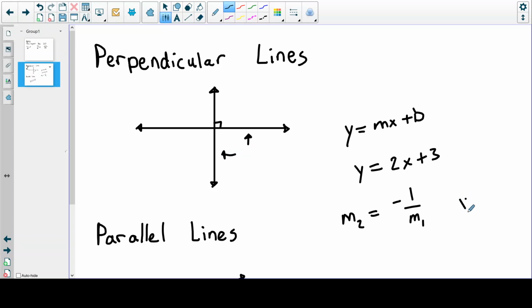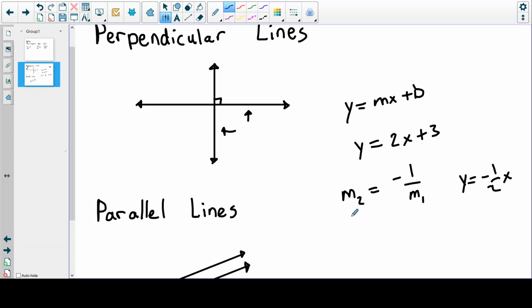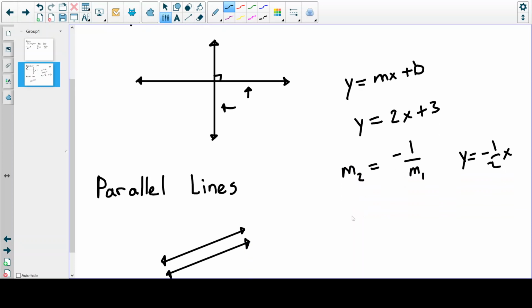Because they don't want you to find it through a point, which is how you would find your intercept, your answer could look something like negative 1/2 x. That could be an answer to this problem. So perpendicular lines are a key form of lines that you'll work with.